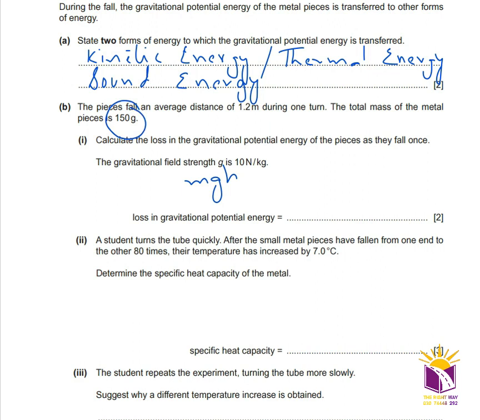We are going to convert it into kilogram, which will be 150 divided by 1000 is equal to 0.15. Multiply by g, which is 10, and height is given 1.2 meter, multiply by 1.2. So it will be equal to 1.8 joules.